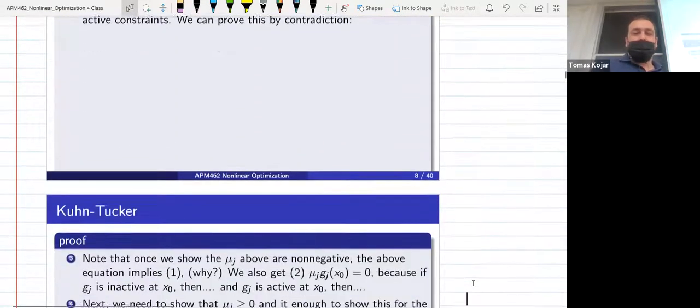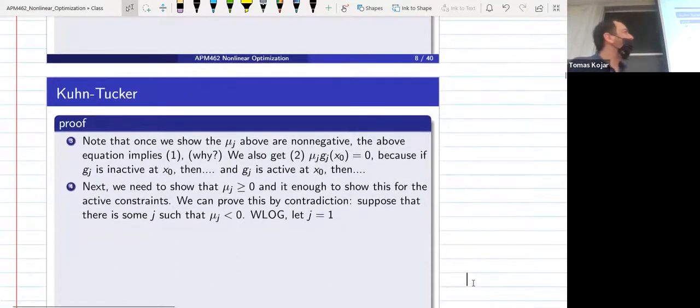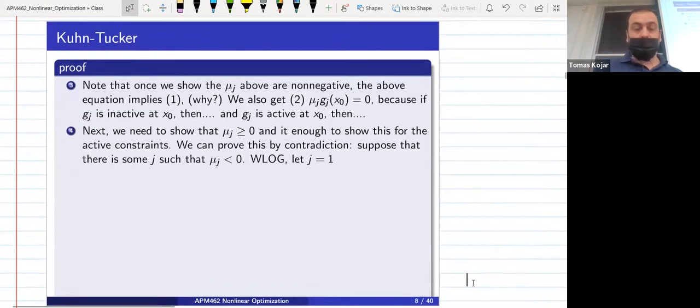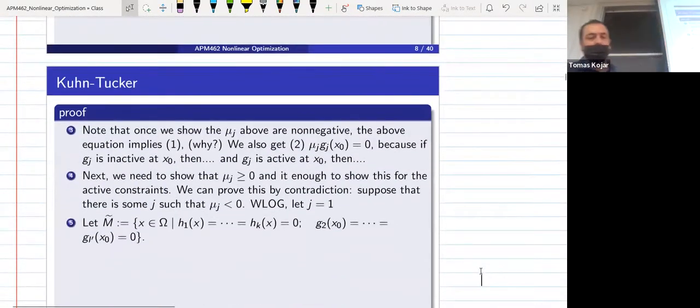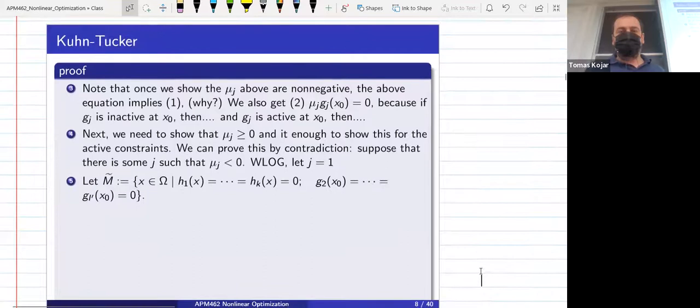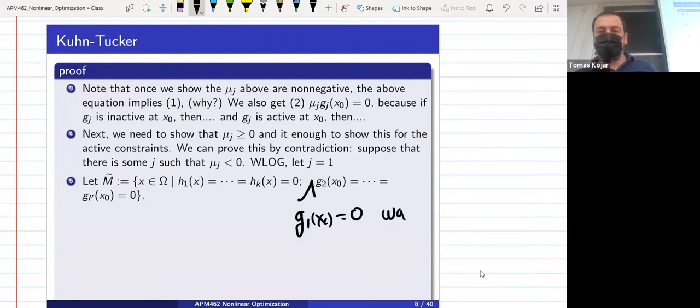So now suppose that one of the mu j's is negative for the inactive. It doesn't matter, we can prove it for j equal 1. It's the same proof. Again, this is our surface. They're all equal to 0, but we ignored G 1. So G 1 equaling x naught was removed.